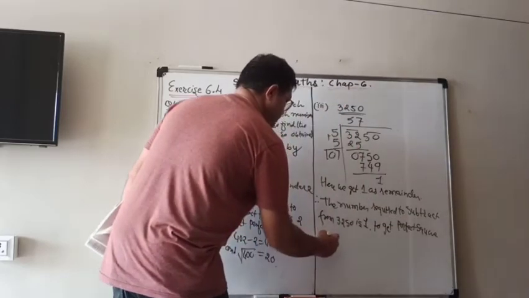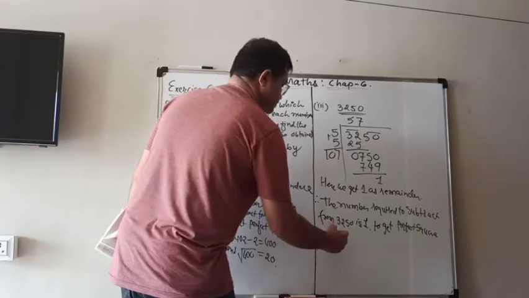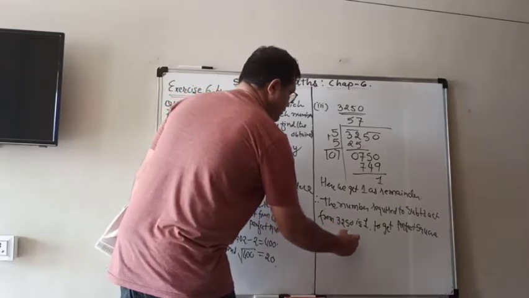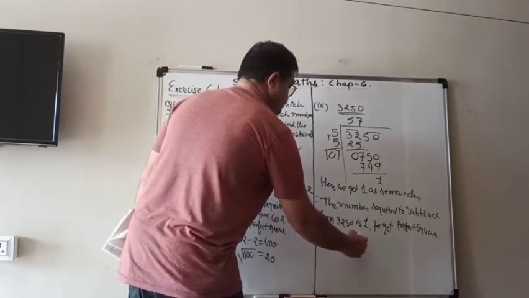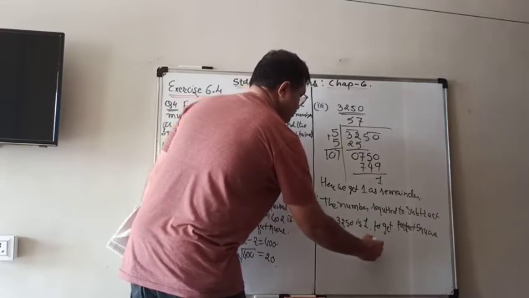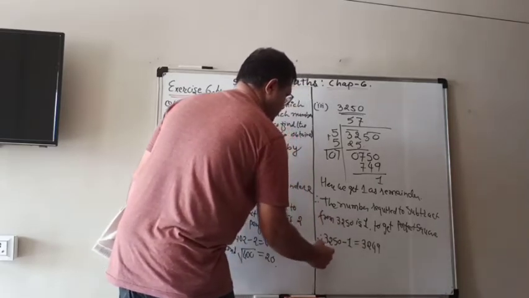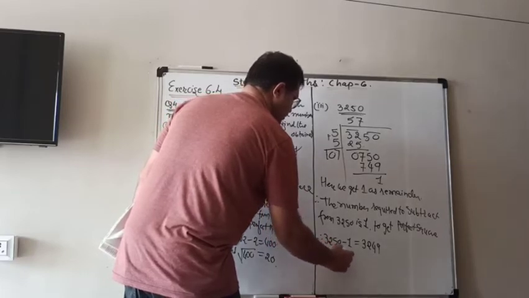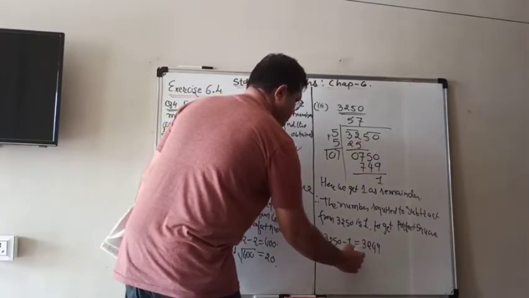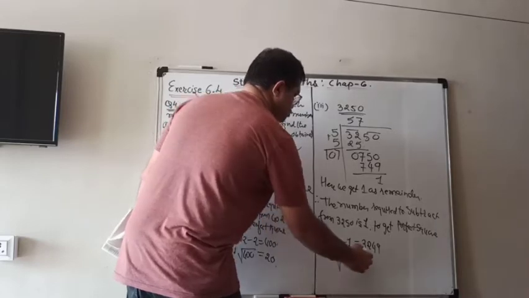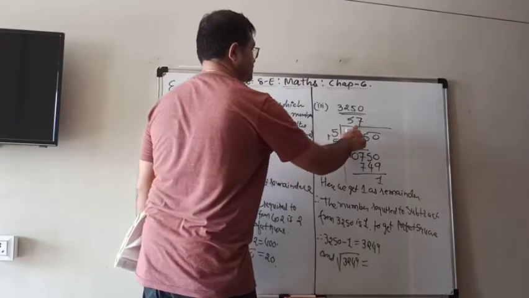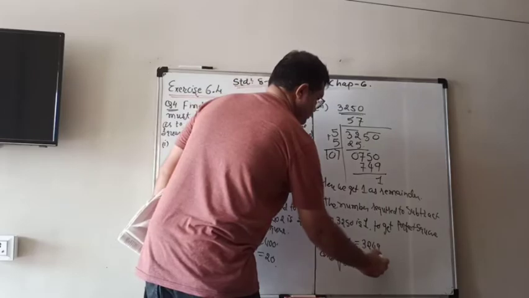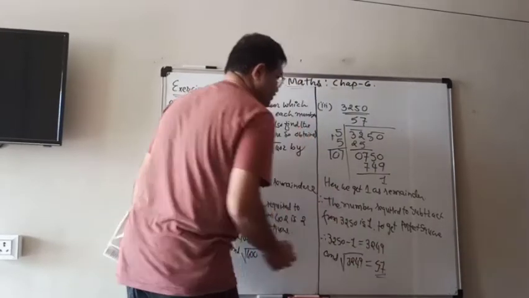Therefore, 3250 minus 1 is equal to 3249, and the square root of 3249 is equal to 57.